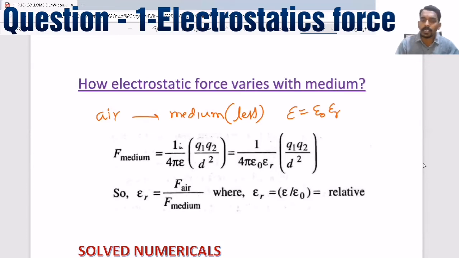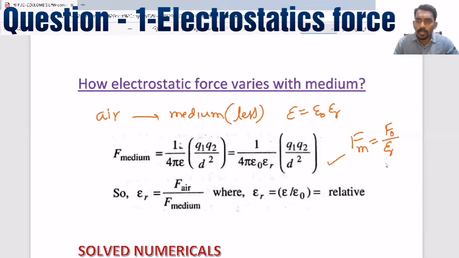That means the denominator increases, so the force value decreases, and here is the relation: force in medium is force in vacuum divided by epsilon r, the relative permittivity or dielectric constant. So that is what you need to understand, how the force will vary when there is a medium present between the two charges.